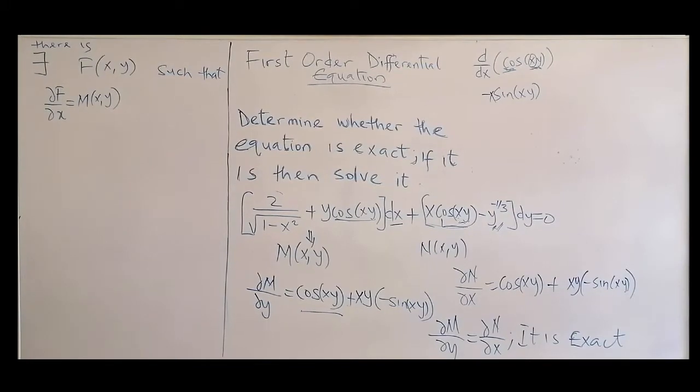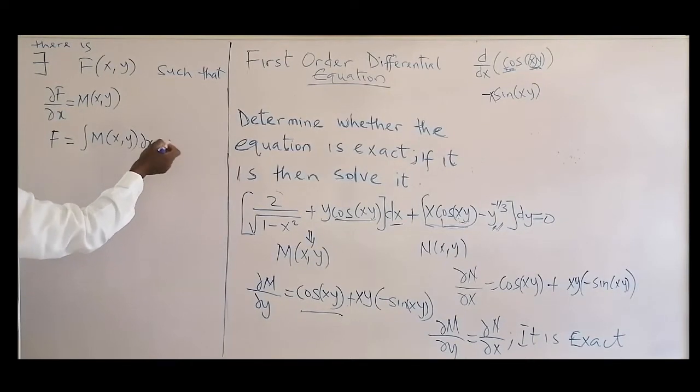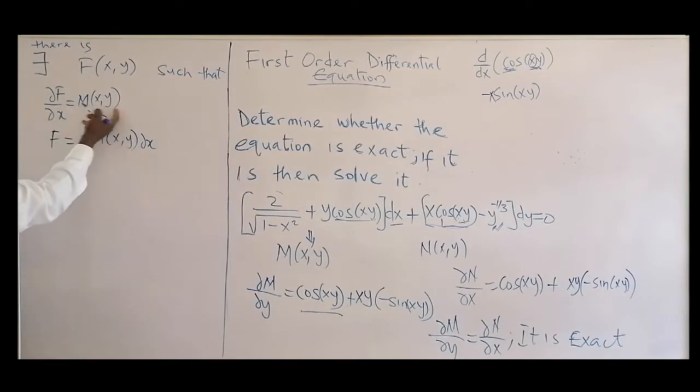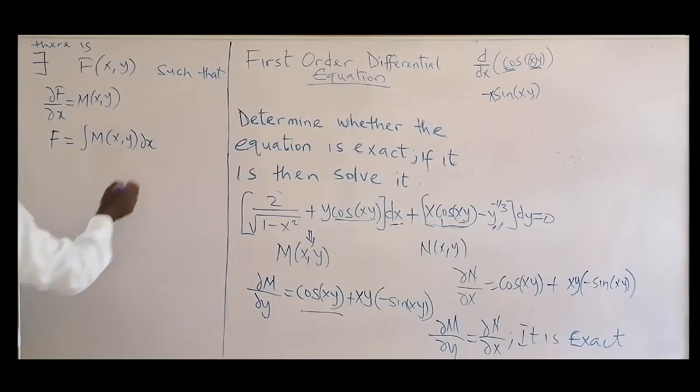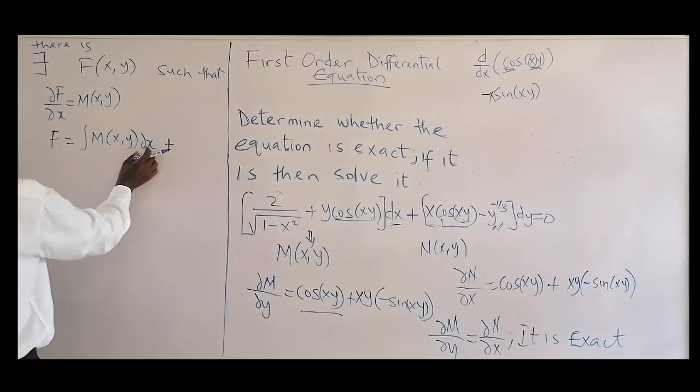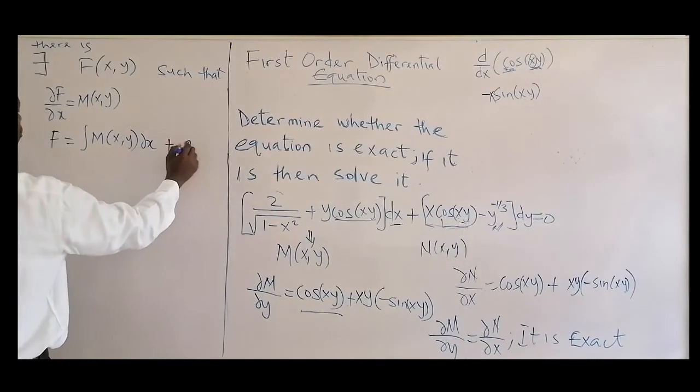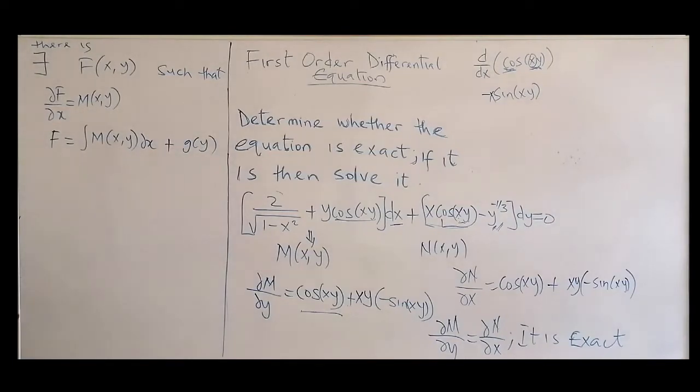Okay? Can you integrate both sides? If you integrate, you have M, partial. Okay? Cross multiply and then integrate. Then you give us the constant of integration. This is with respect to x, so that will be g of y as a constant.